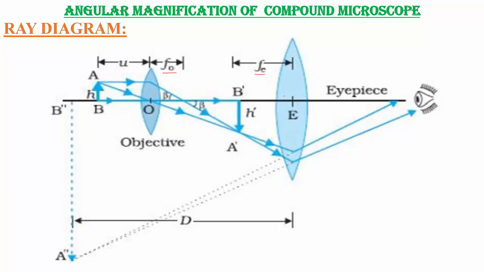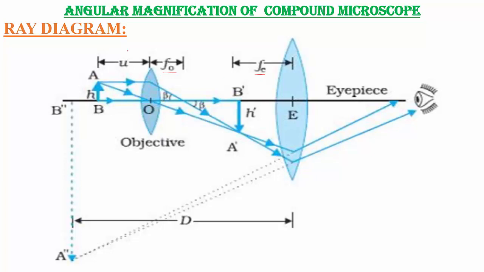These two lenses are coaxially held at the free ends of the tube. See here, this principal axis is itself the tube of this microscope. At these two free ends we consider two converging lenses and these two lenses are fixed at a certain distance.